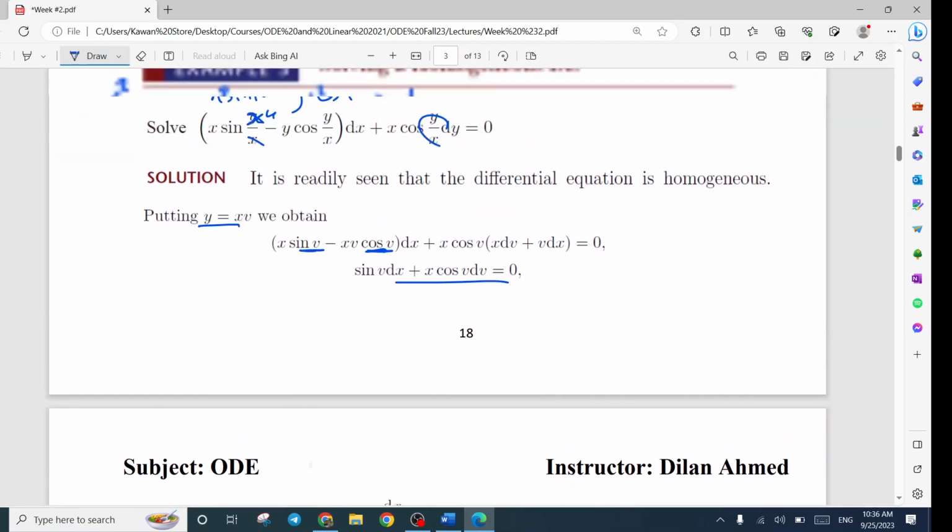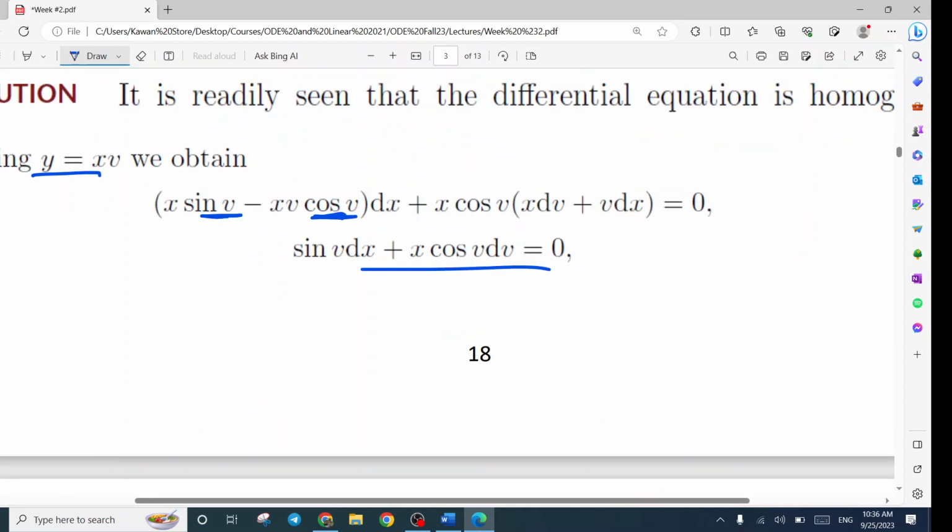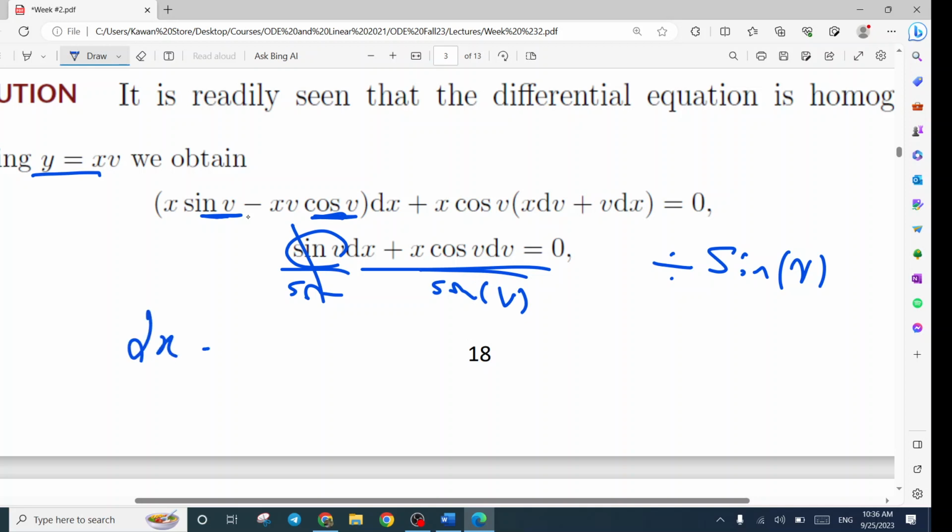Any questions, dears? You can see it's separable. How is it separable? How do you know? Divide by sine of v, so it remains x here. How about here?